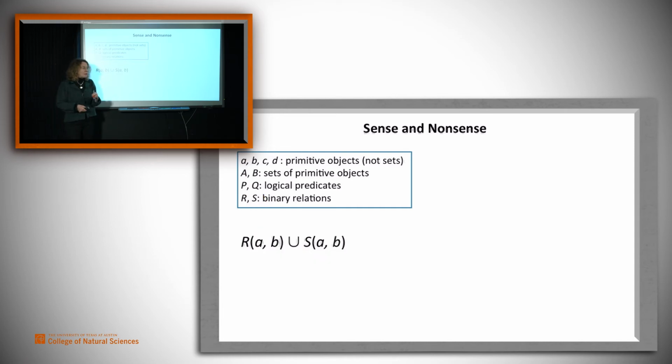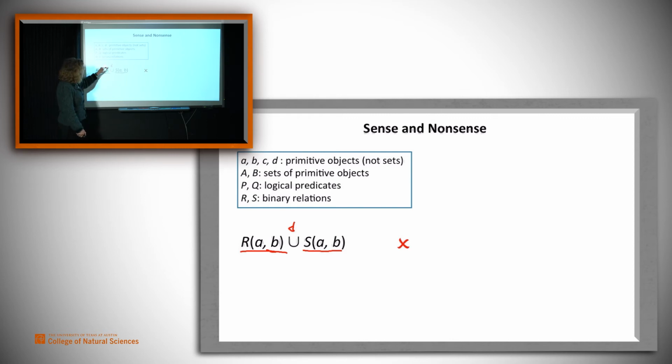All right, let's consider another example. Remember that we are allowing this notation for relations. This means that the pair AB is related, A is related to B via R. So we have the claim that A is related to B via R, and we've unioned that with the claim that A is related to B via S. That is nonsense. Why?